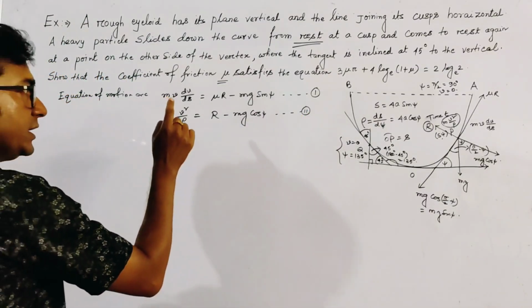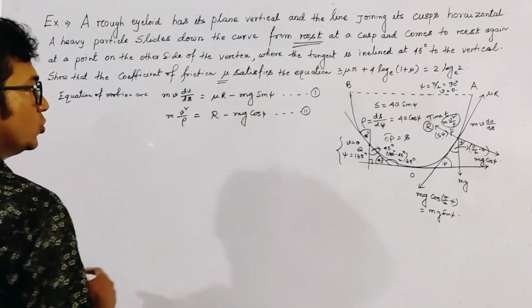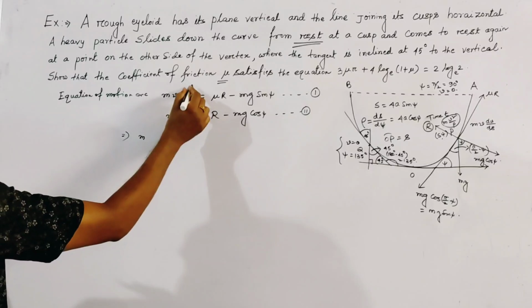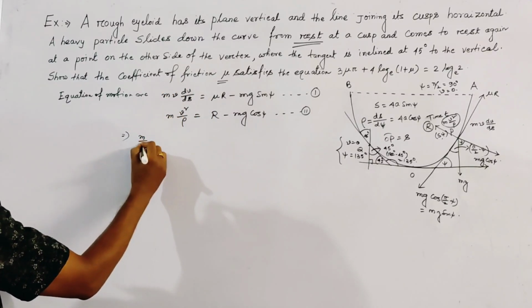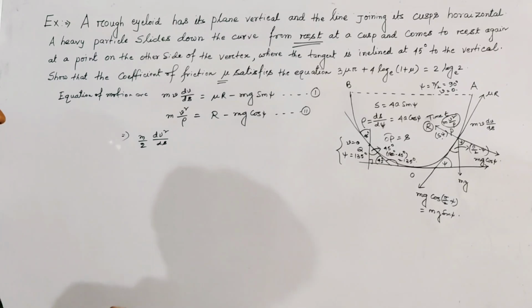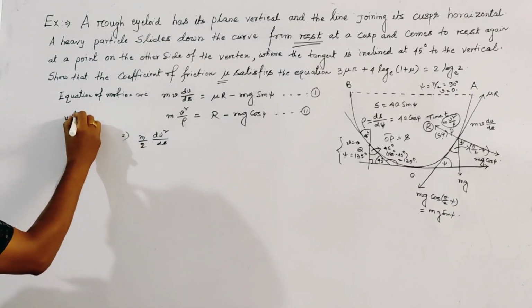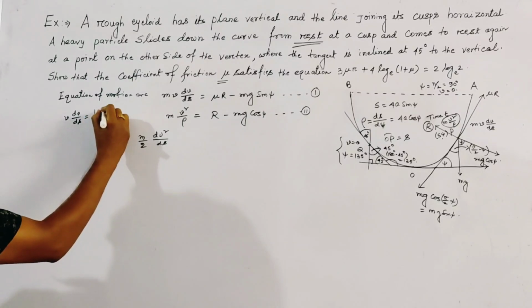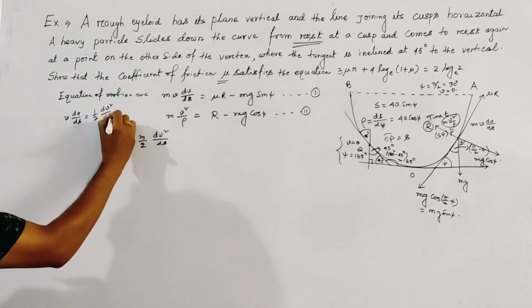Now eliminating R from 1 and 2, this relation can be written as m by 2 into dv square by ds, because v dv/ds is equal to half into dv square by ds.